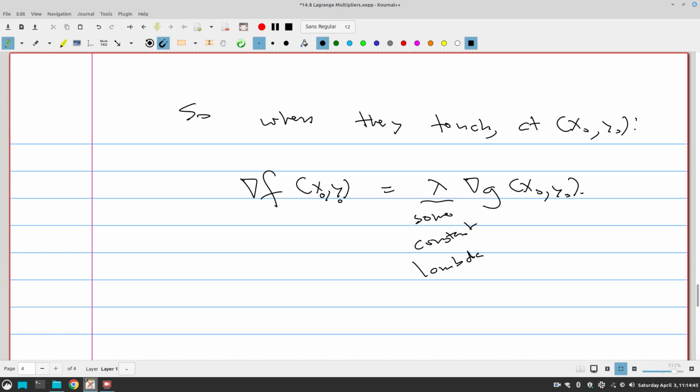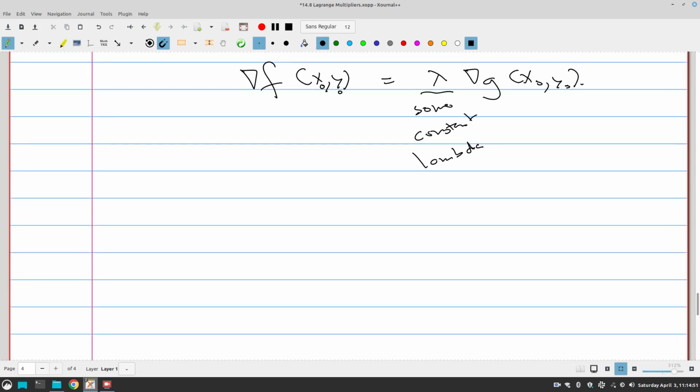So if I could solve these equations, this basically gives me two equations.